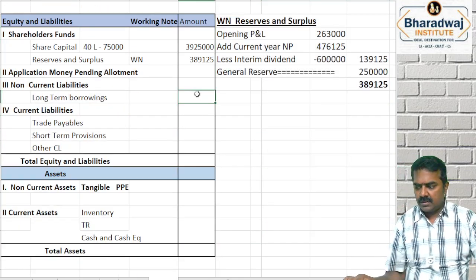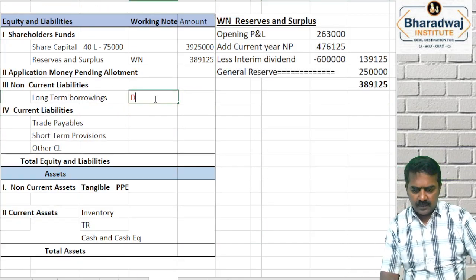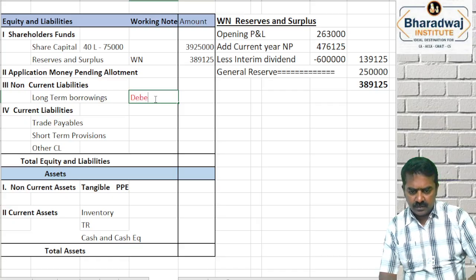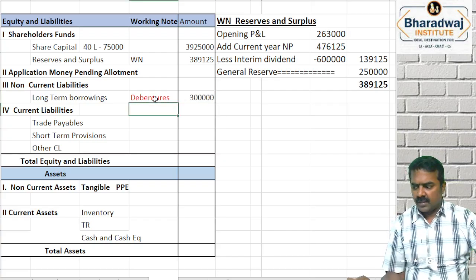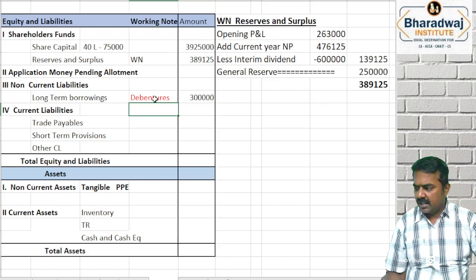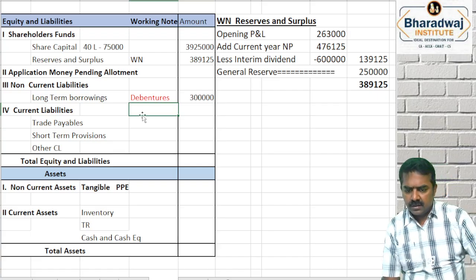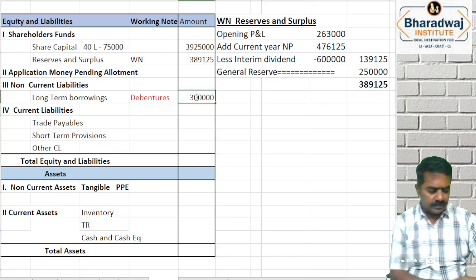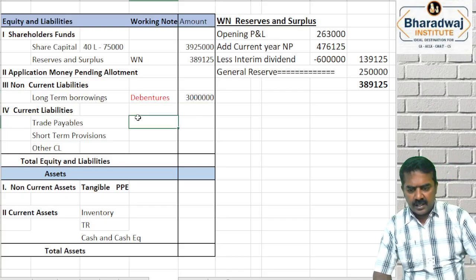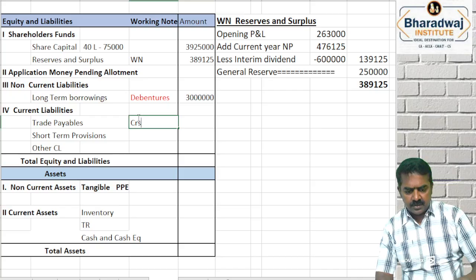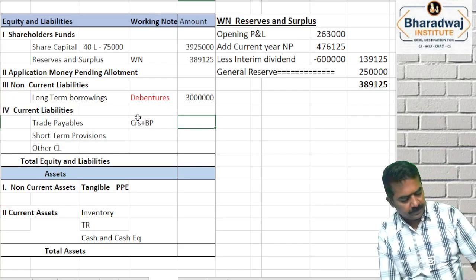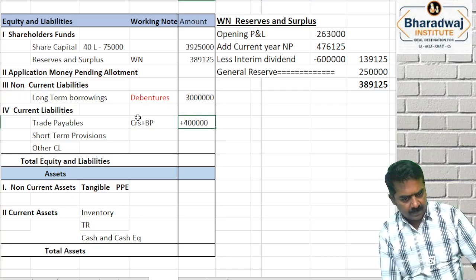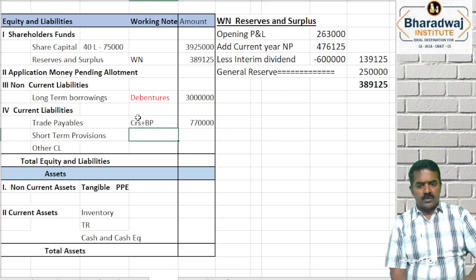Do the other things. The debentures will come in long-term borrowing as usual: 30 lakhs. Trade payables: trade payable is nothing but creditors plus bills payable, 7,70,000.